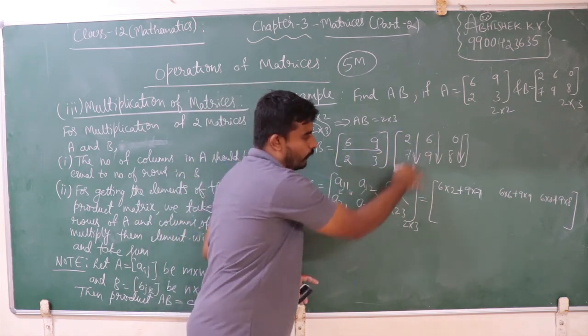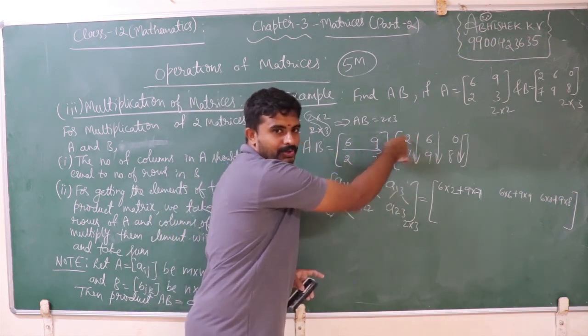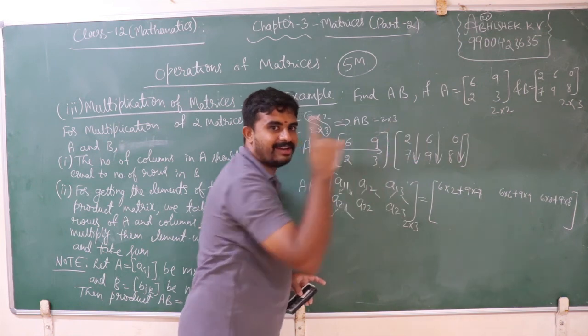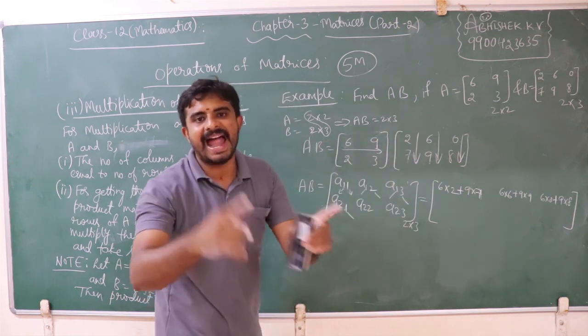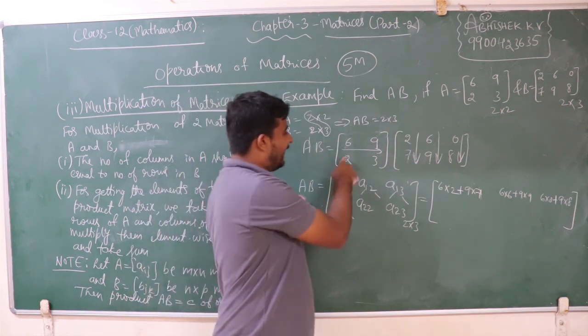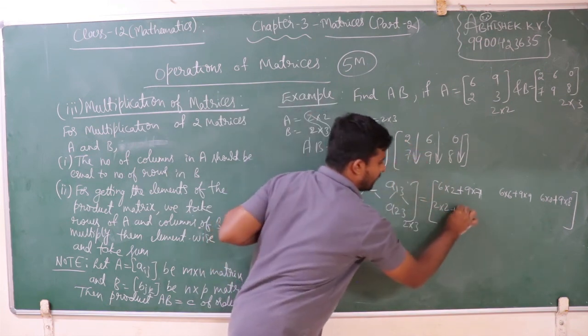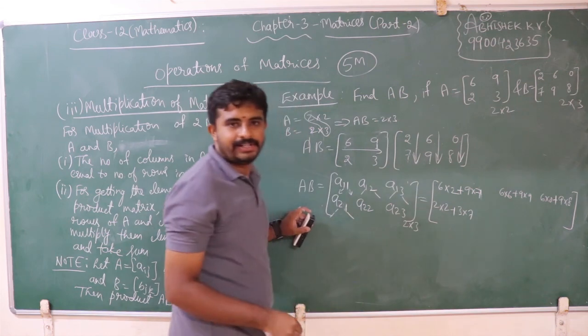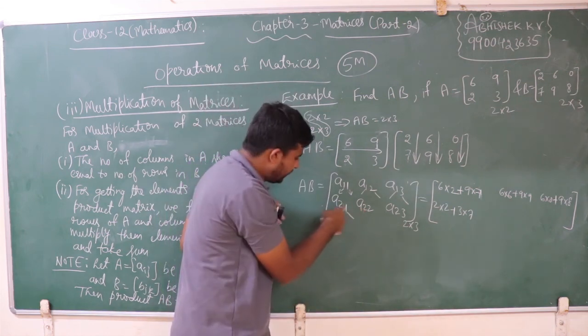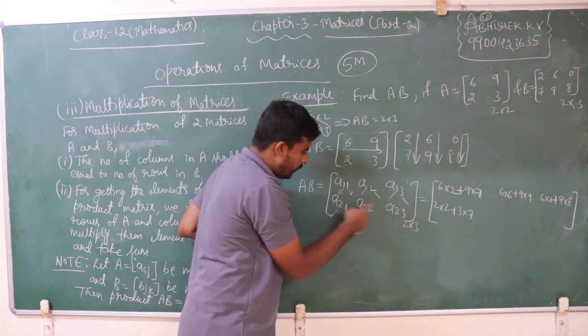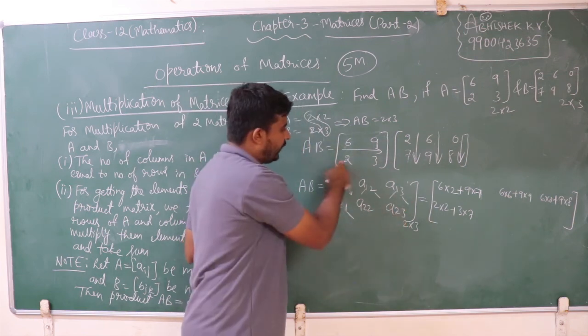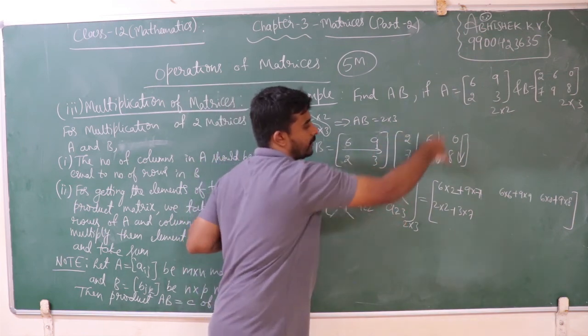See, second row first column, element wise multiplication plus, that is, add them. 2 into 2 plus 3 into 7. Second row again: first column, second column, third column.